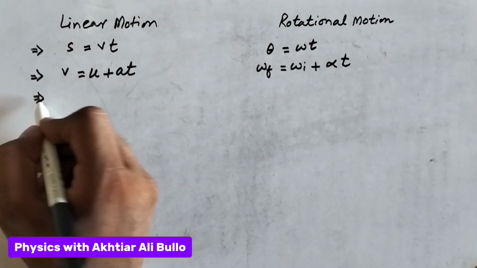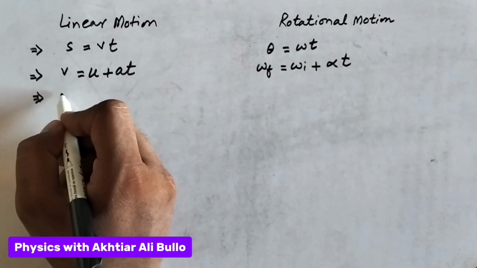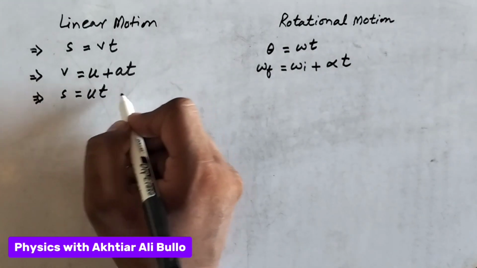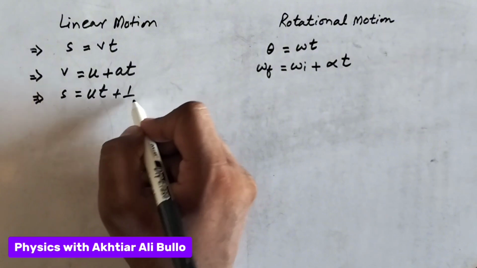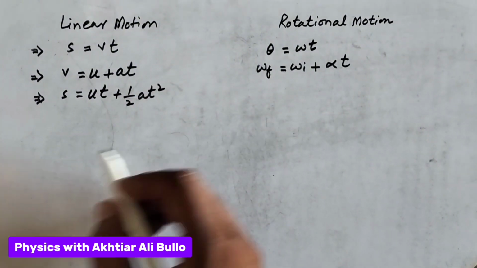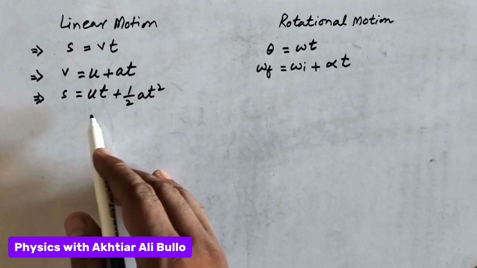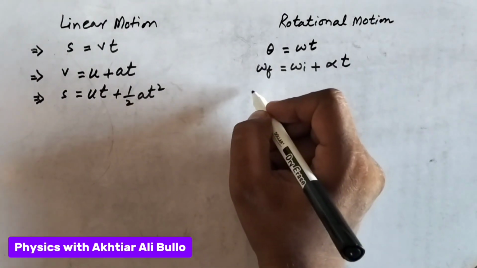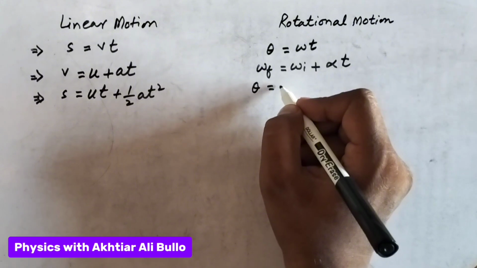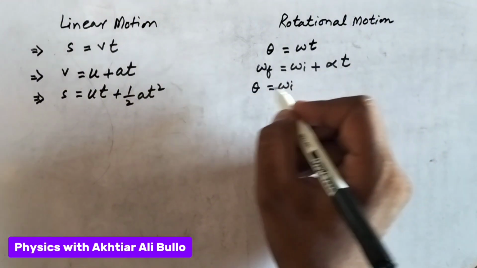The next one is the second equation of motion. S is equal to u into t plus 1 upon 2 a t square. So in rotational motion this equation will become theta is equal to omega i.